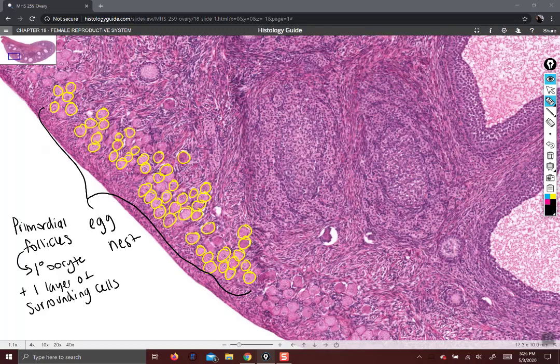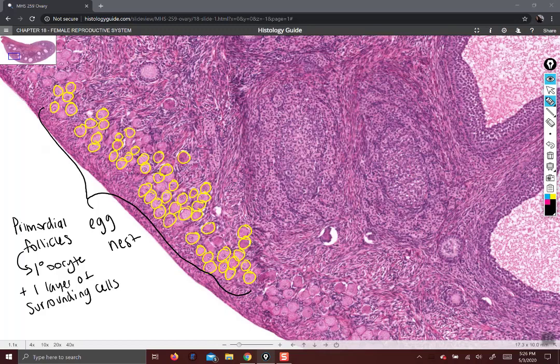Once that trajectory is established, in XX individuals, folks with ovaries, all of the oogonia, so that's the ovarian equivalent of spermatogonia, begin to undergo the first stages of meiosis, and then they pause.